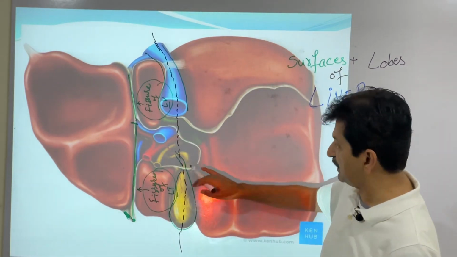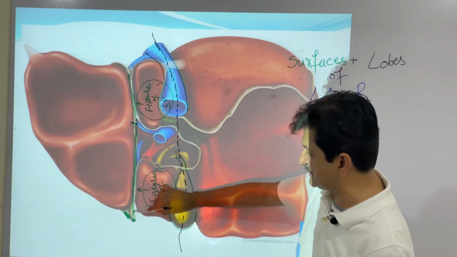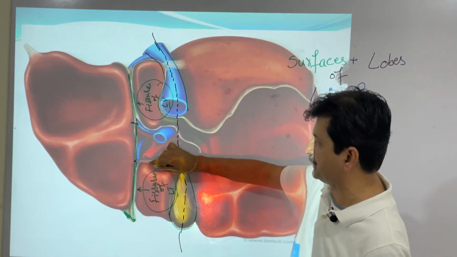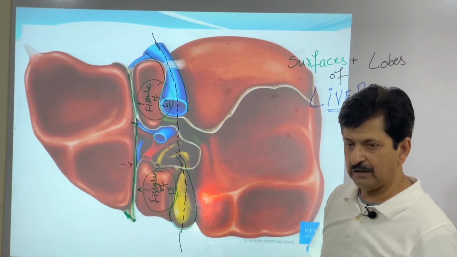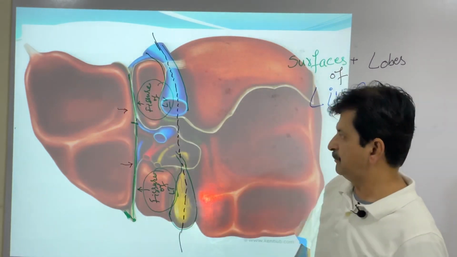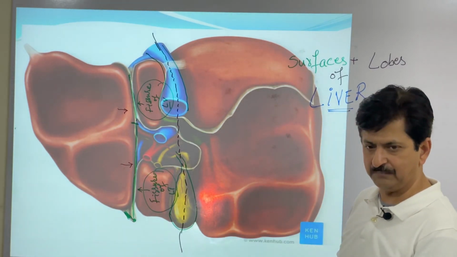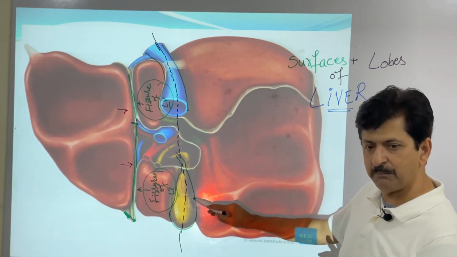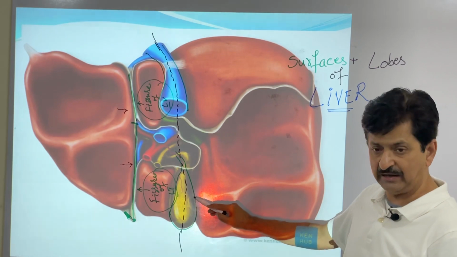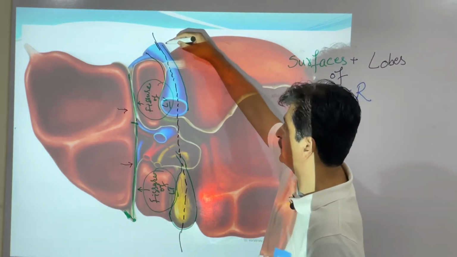One piece means between what? Between this imaginary line and this line which has been partly formed by the fissure for ligamentum teres and partly by the fissure for ligamentum venosum. This is one line which is a true line available there, but this line is an imaginary line that we have drawn, and this imaginary line is important. This is called the line of Cantlie.